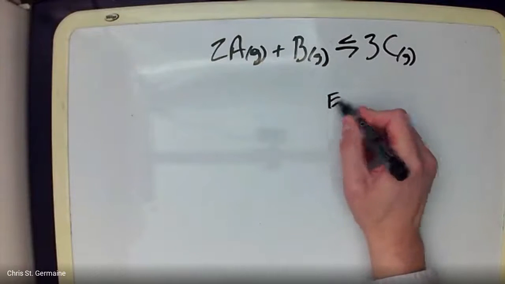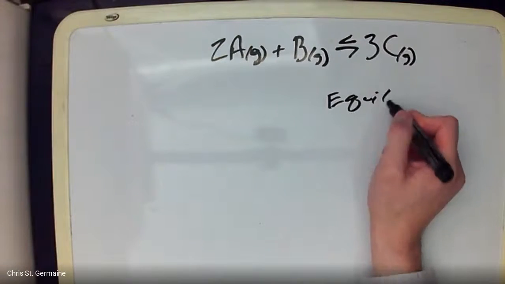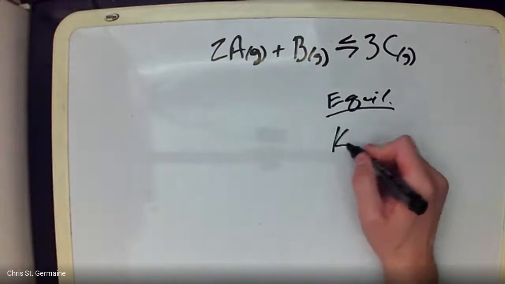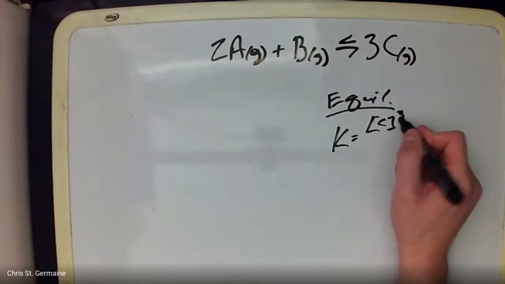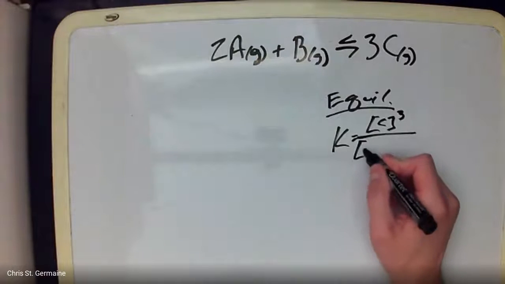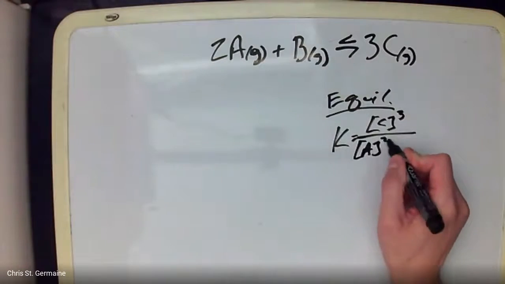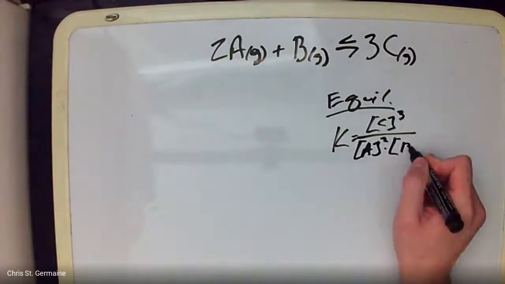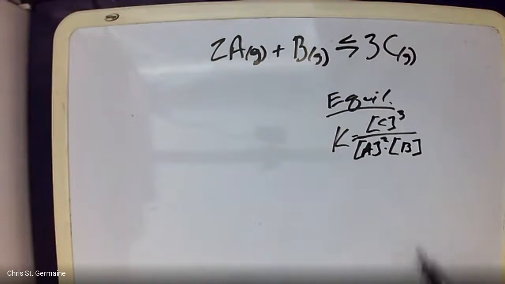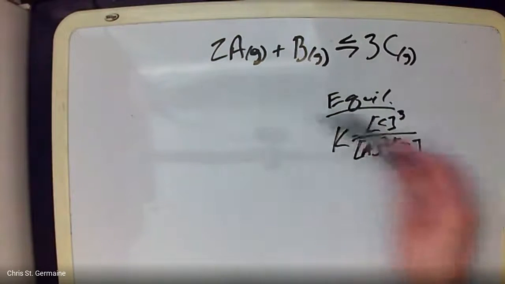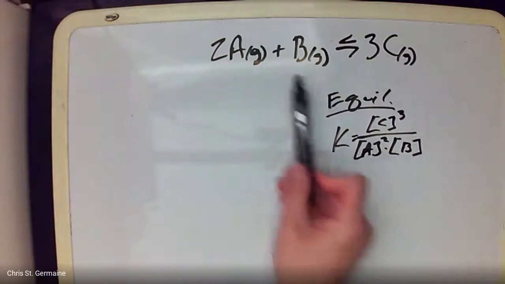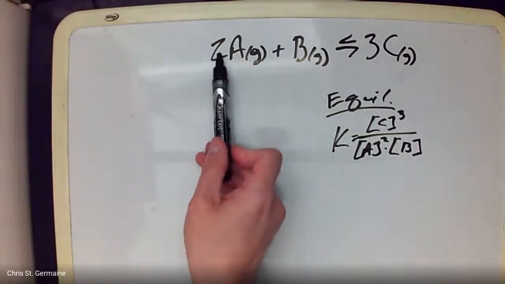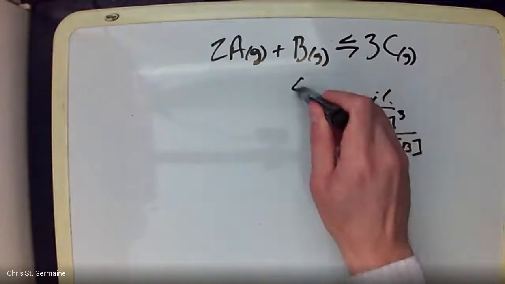So if you remember, for equilibrium, that would be K equals C to the third over A squared times B, right? Stuff on the right goes on top, stuff on the left goes on the bottom. The C is to the third power, the B is to the first power, and the A is to the second power. Okay, that's equilibrium.